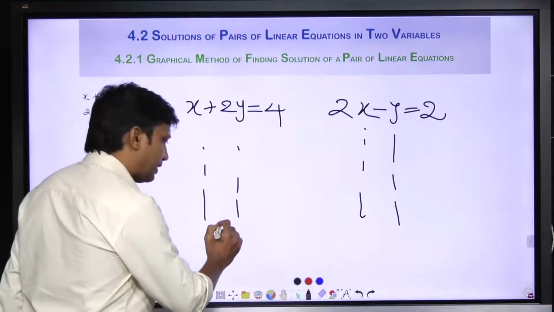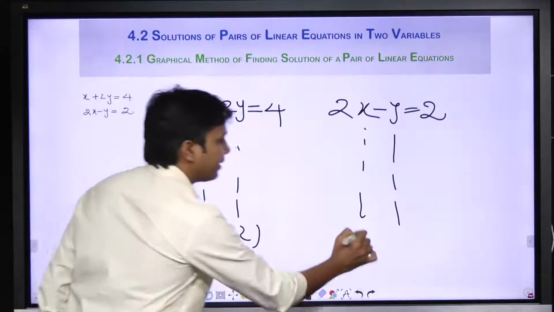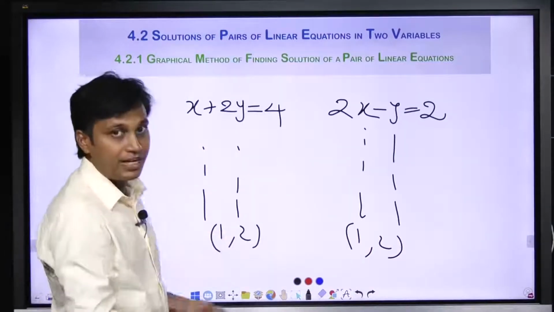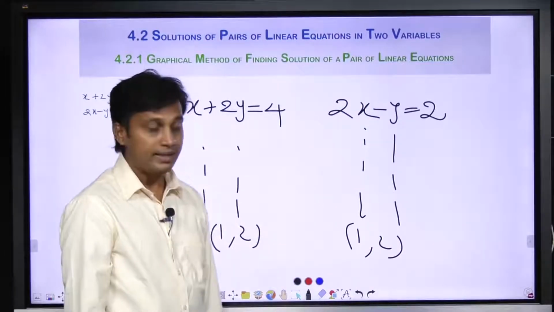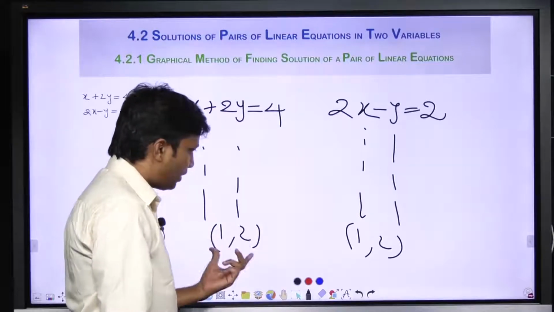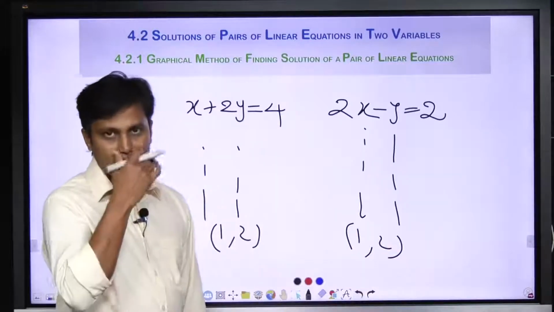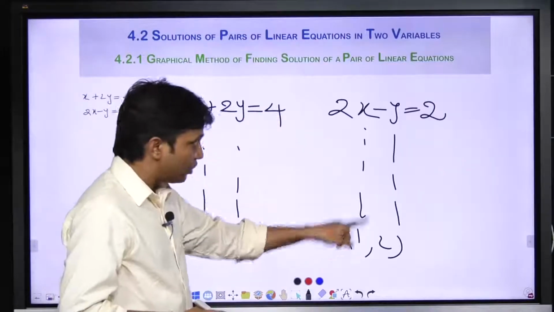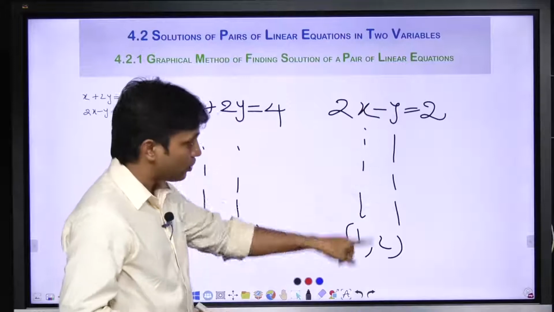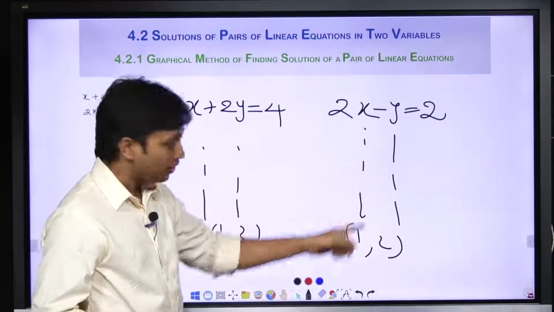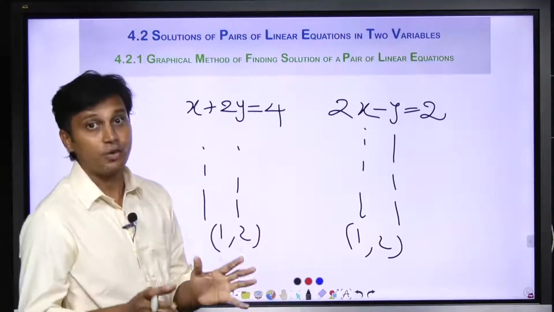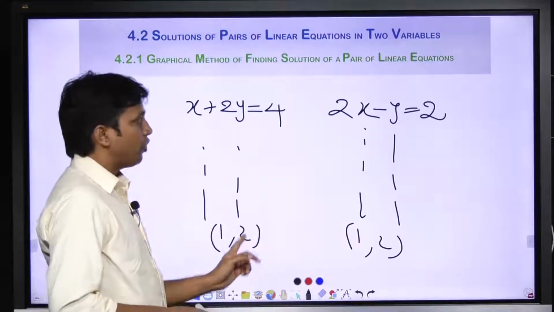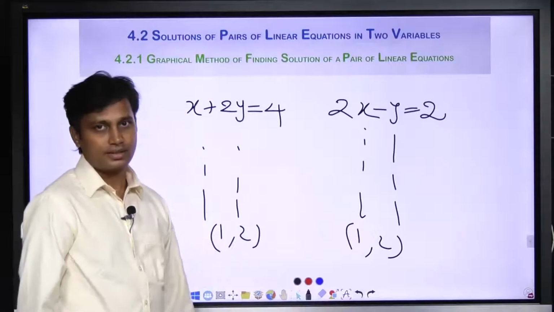So say for example, here 1, 2 is a common pair we obtained in the trial and error method while substituting different values into both equations, right. So now the common ordered pair is 1, 2 and here also 1, 2. So tell me, is this a solution for this equation or not, and is this a solution for this equation or not? So this is the solution for both of the equations. So this is the common solution. Therefore, it is known as the solution for a pair of linear equations, right.